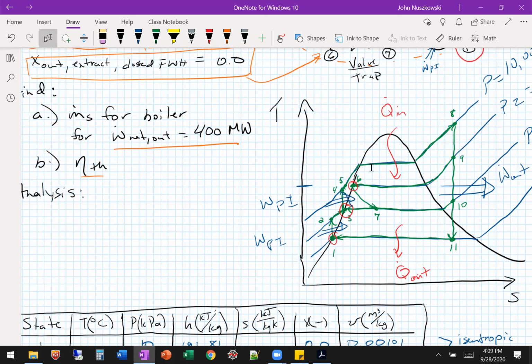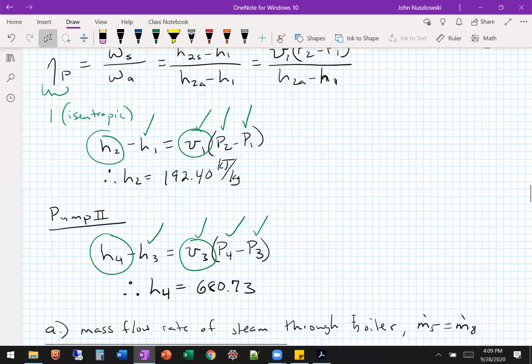If we have fixed states, then we have the thermal efficiency. That tells us the ratio of areas, which is heat in and work net out. Any questions?